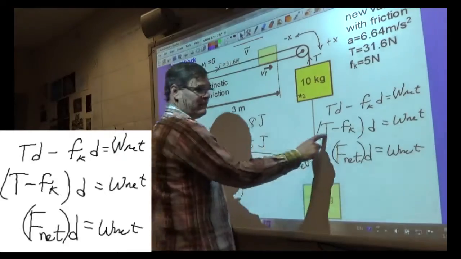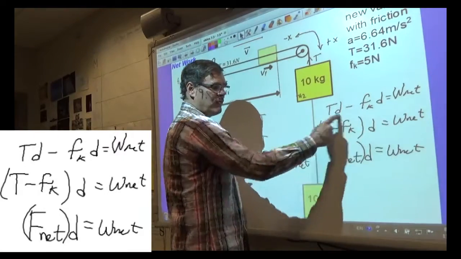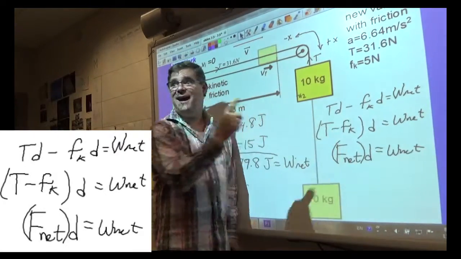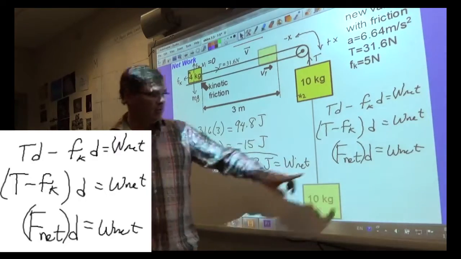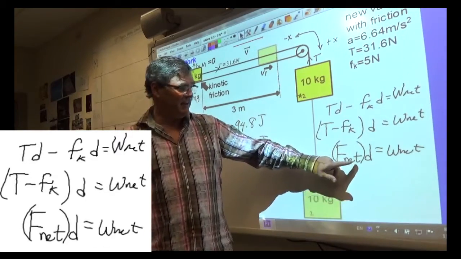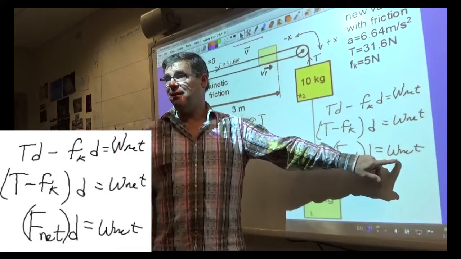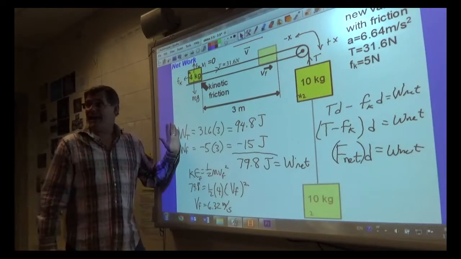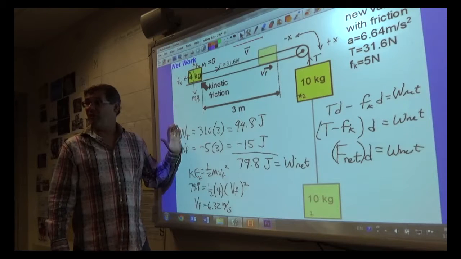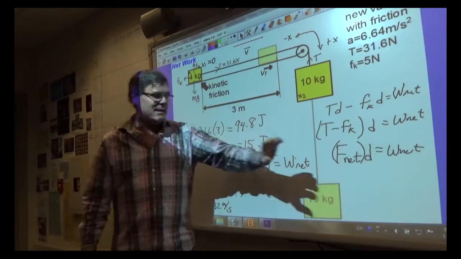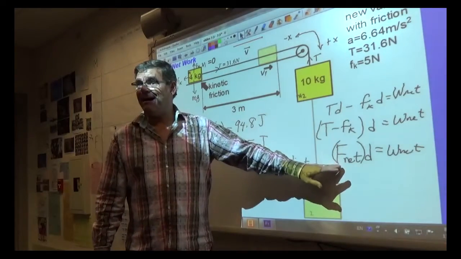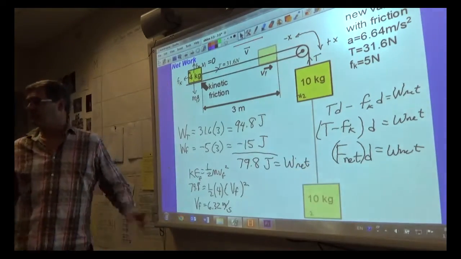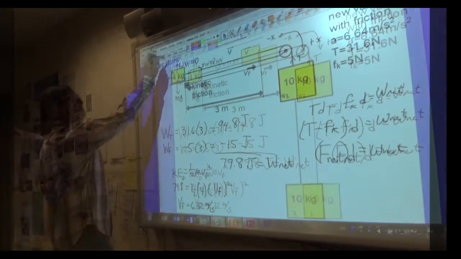So if I factor out the d, I get this, and you'll recognize T minus Fk as the net force. So I can rewrite the equation as the net force times the displacement equals the net work. So in other words, you can either look at it as the net work is the sum of all the works done, or as the work done by the net force. It's up to you.